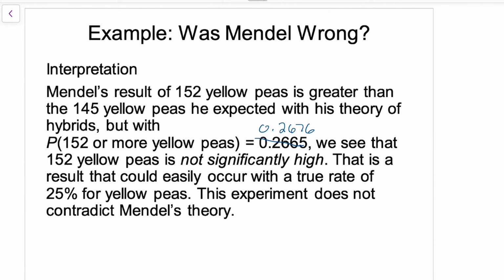And we see that that is not a really high probability, right? So that result could easily occur within our actual true rate. The experiment does not contradict Mendel's theory, that it still holds true. That's how we would use the continuity correction to use the normal distribution to approximate a very difficult binomially distributed problem.